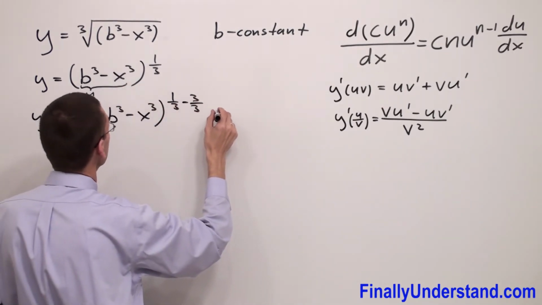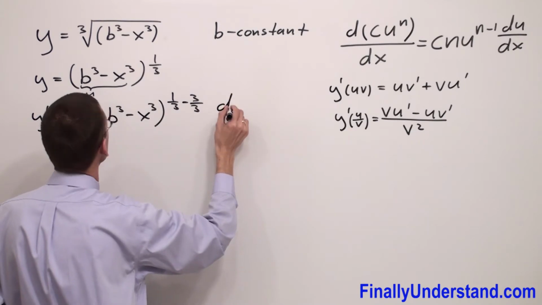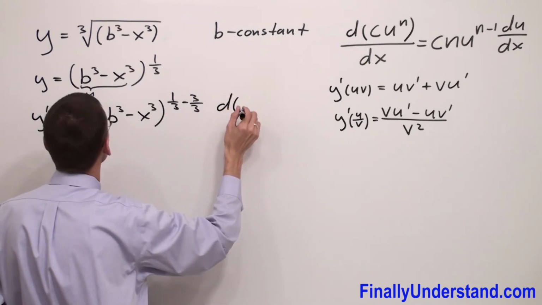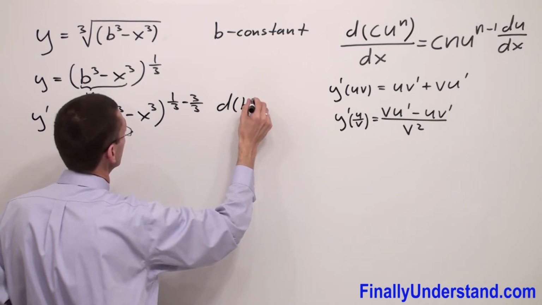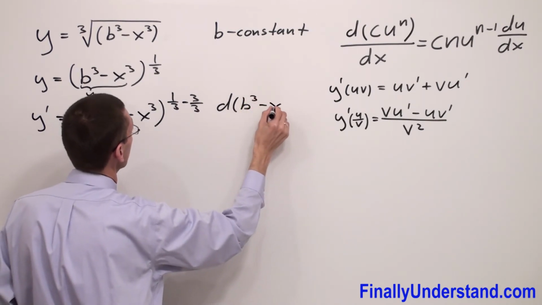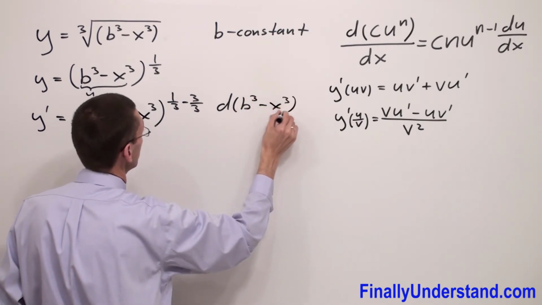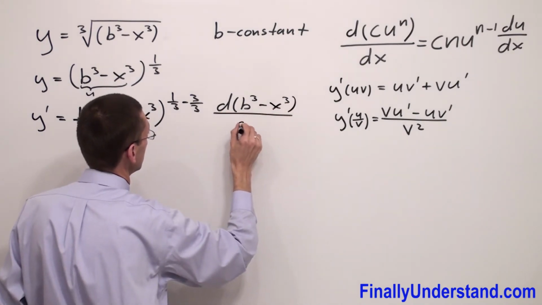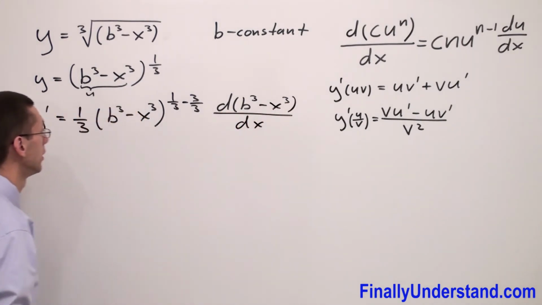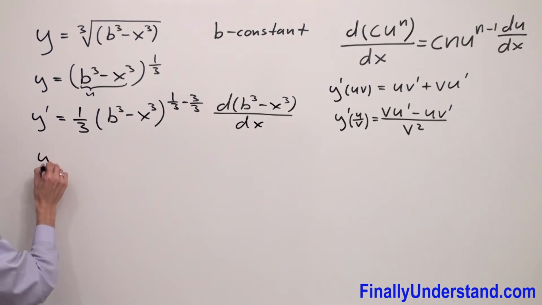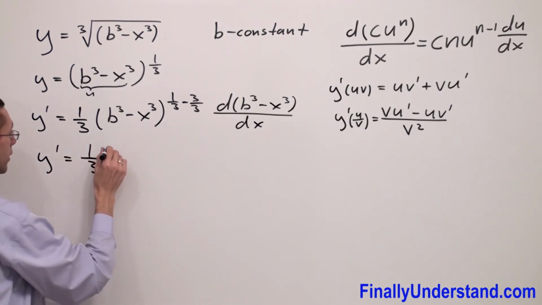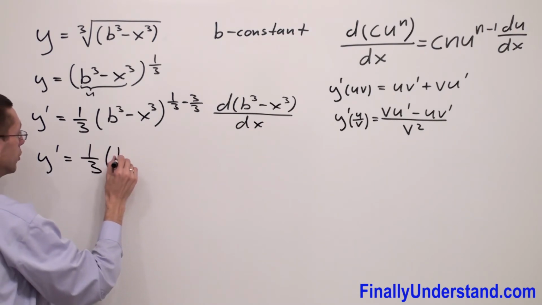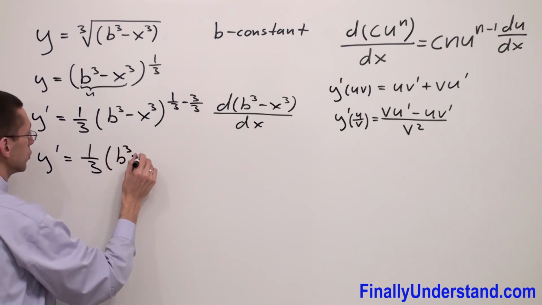So I have times d of b to the third minus x cubed over dx.